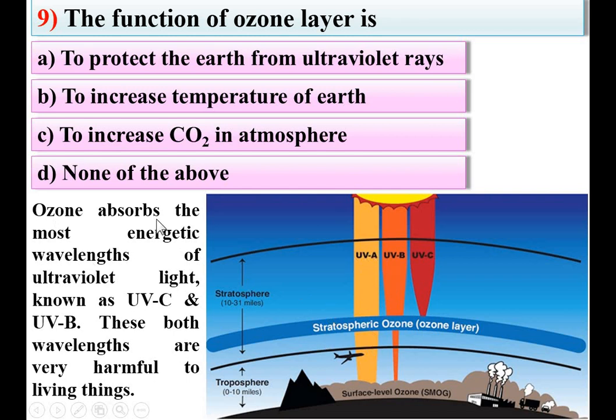You know that there are three types of ultraviolet rays, and the ozone layer absorbs the majority of ultraviolet B and ultraviolet C, because both of these are very dangerous to humankind. So A is the right answer.